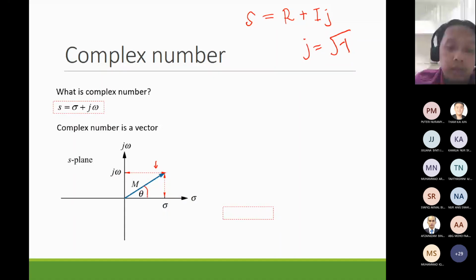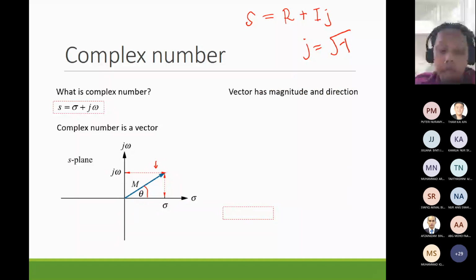Here we have the angle of this vector, which we call the argument. And we have the magnitude of this vector, which we term M, magnitude M and argument theta. Argument is the angle. Similar to a vector, a complex number also has magnitude and direction.